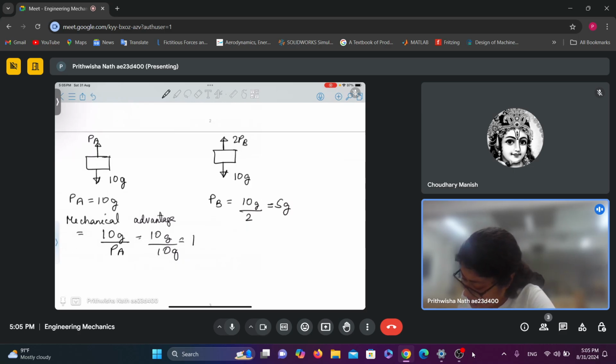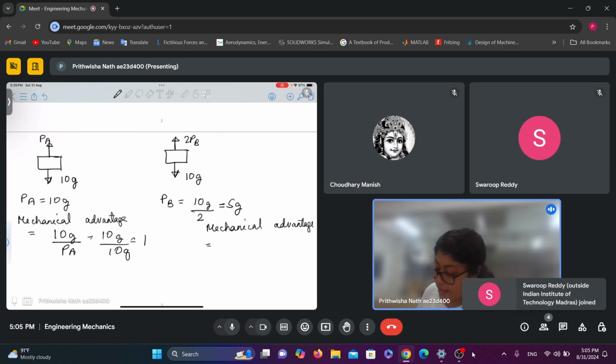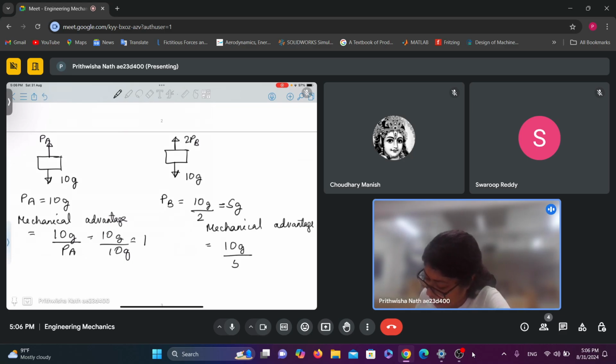And for the second case, mechanical advantage is 10 g by 5 g, that is equal to 2.